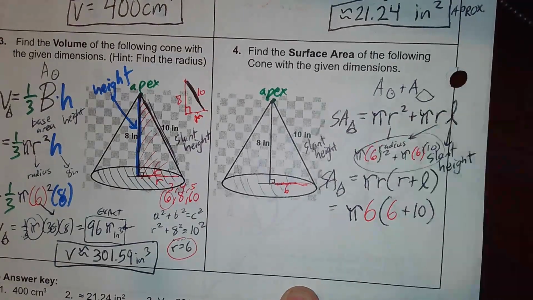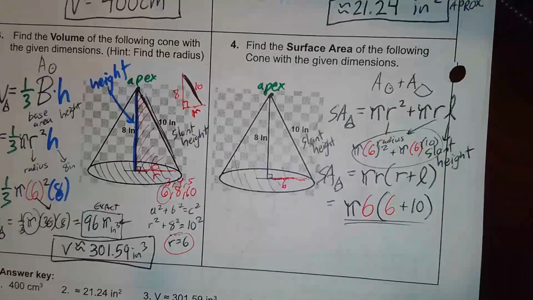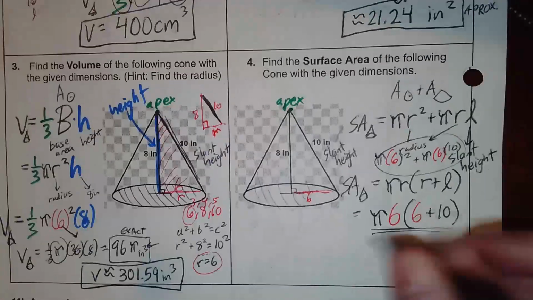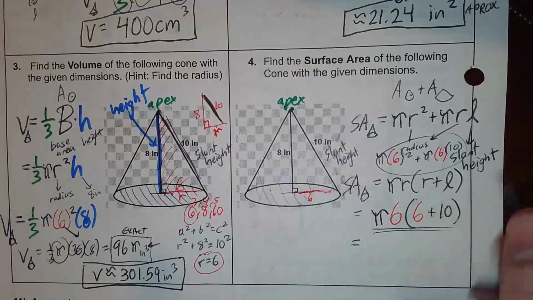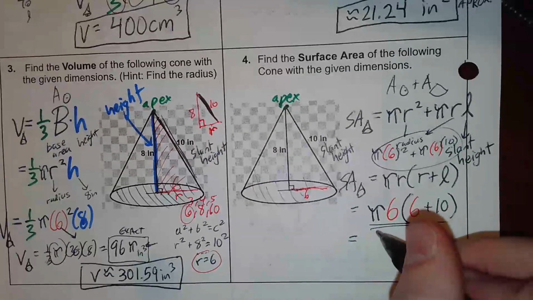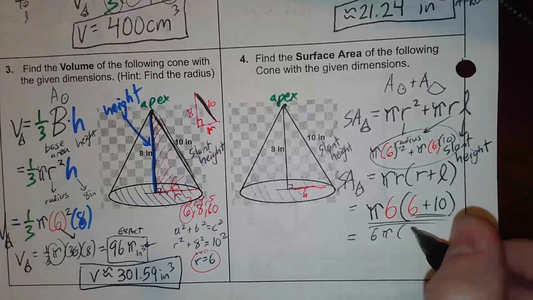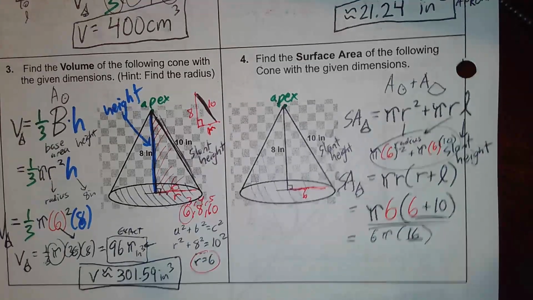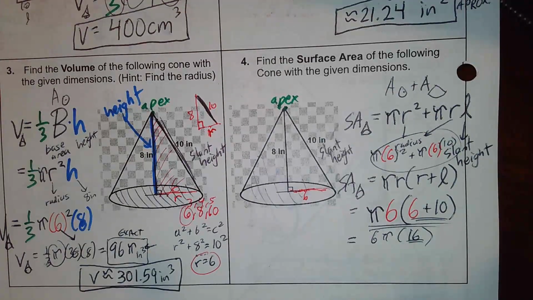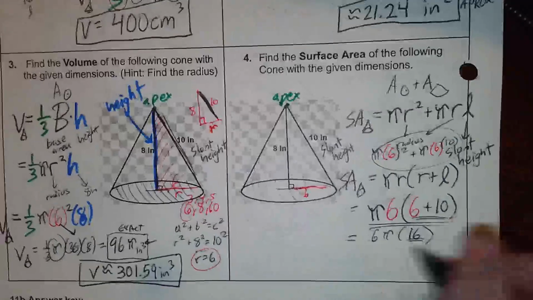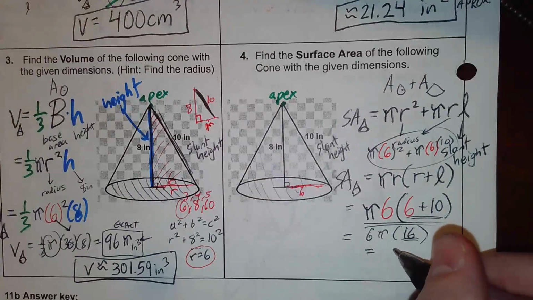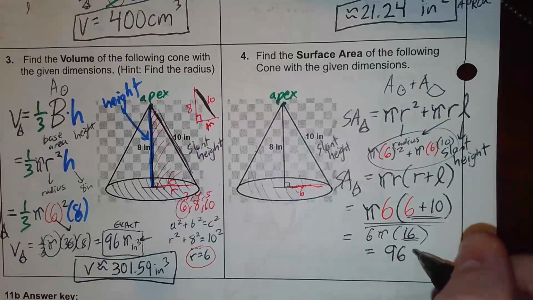Either of these two formulas will get you the answer in just a matter of moments. So we're going to go ahead and multiply this out. We get 6 times pi multiplied by 16. 16 times 6. The answer is 96. We'll get 96 pi.